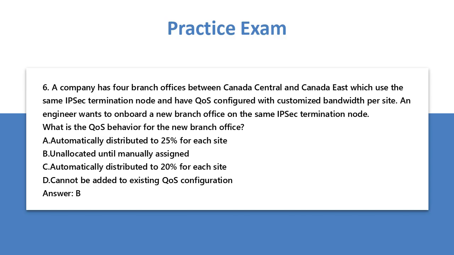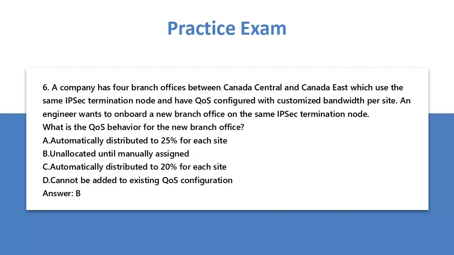6. A company has 4 branch offices between Canada Central and Canada East which use the same IPsec termination node and have COs configured with customized bandwidth per site. An engineer wants to onboard a new branch office on the same IPsec termination node. What is the CO's behavior for the new branch office?